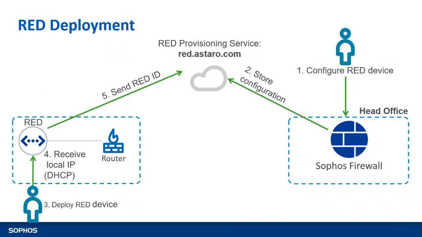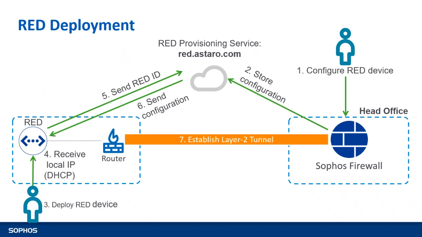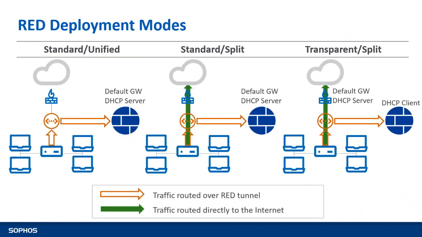Finally, the RED establishes a layer 2 tunnel to the Sophos firewall using the TCP port 3400 and the UDP port 3410, as you can see here. The RED can be implemented in 3 modes.